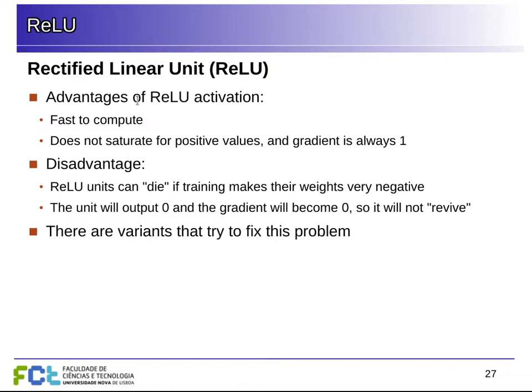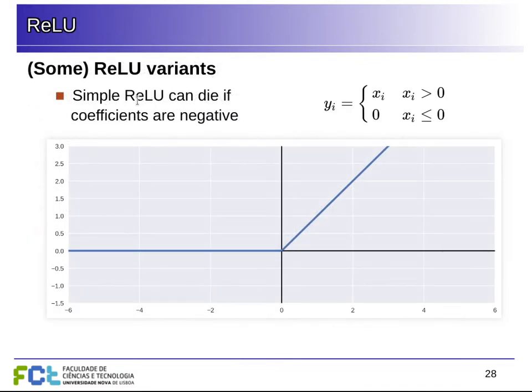And in those cases, if the neuron is not firing, it's not learning. The weights will not change because the gradient is 0. So neurons can die if it happens that they are in a configuration that they always fire at 0 for all the examples in the training set, then the neuron will not recover. It will die permanently. There are some variants that fix this problem.